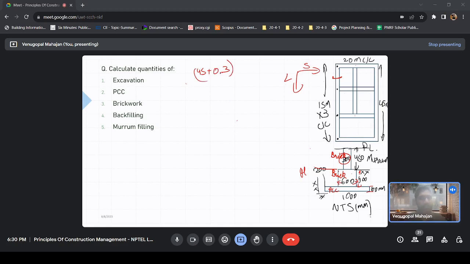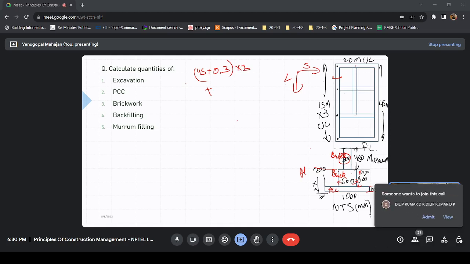And this is into 2, plus what about this long wall? Center to center is 30, right?